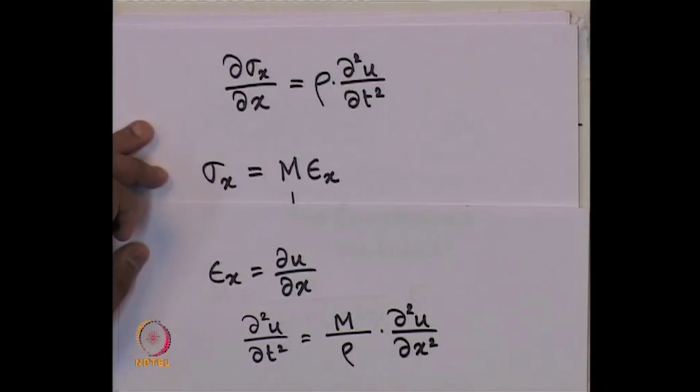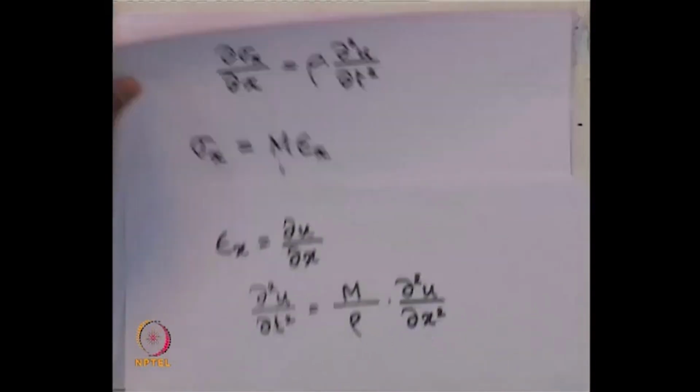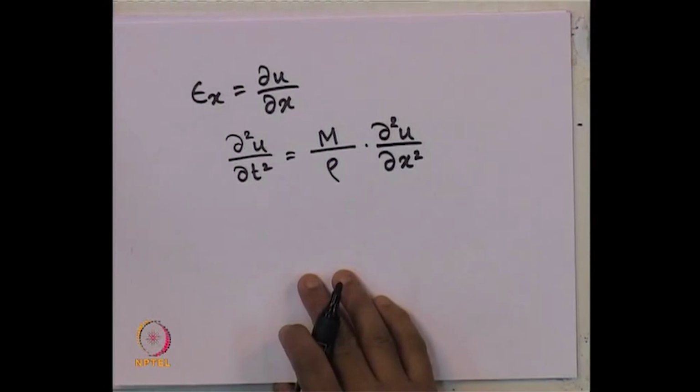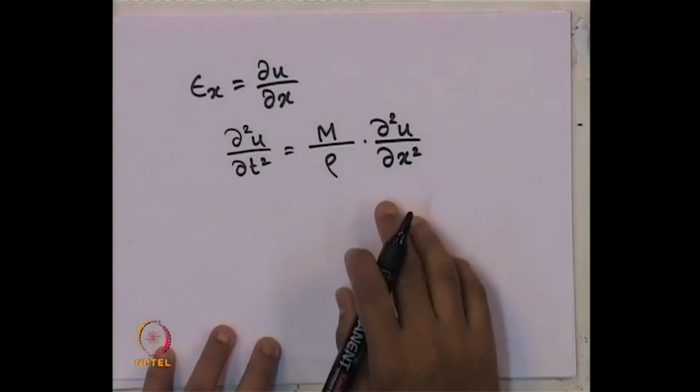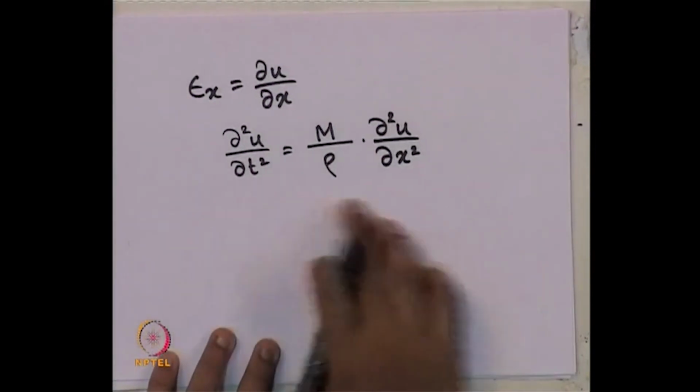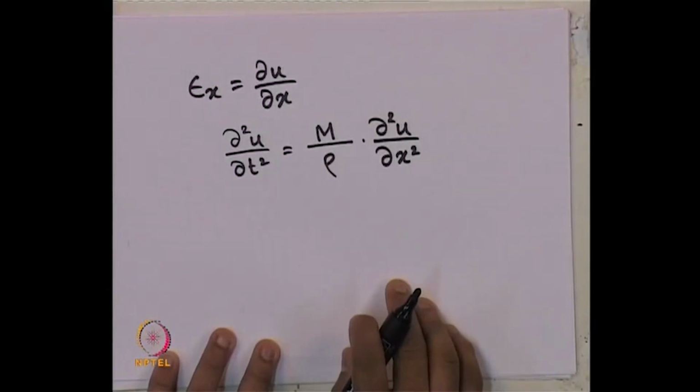Okay. So, this is the alternative form of the one dimensional equation we had written for the longitudinal wave.